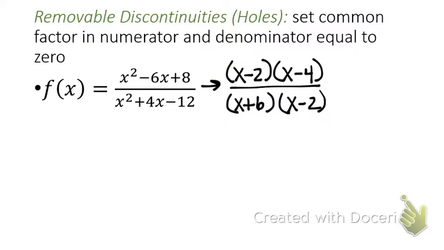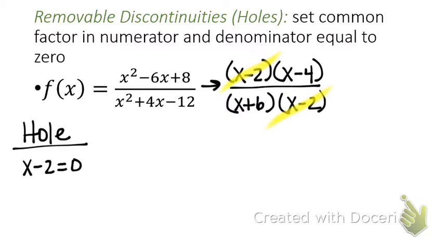Okay, who factored it down that way? So what can I remove? Right, this cancels. So that means that I have a hole where x minus 2 equals 0. So there's going to be a hole at x equals 2.